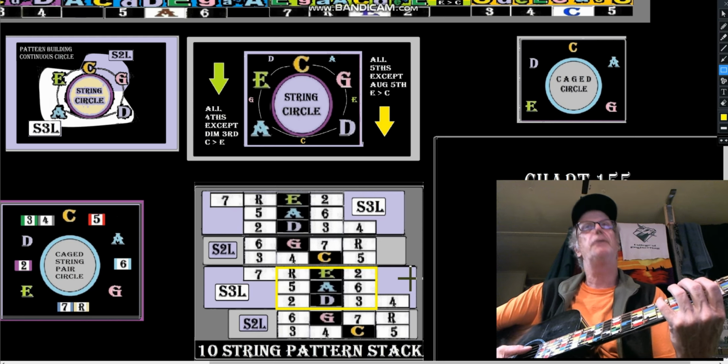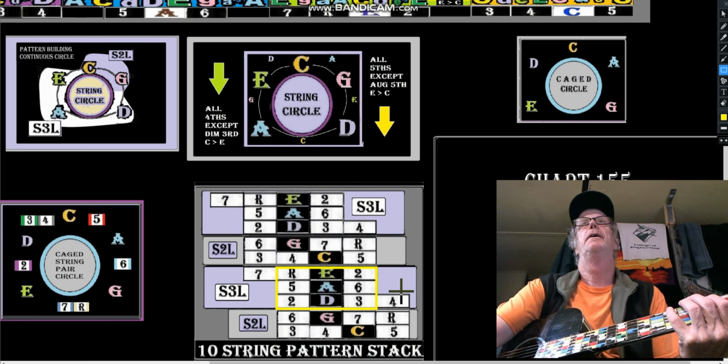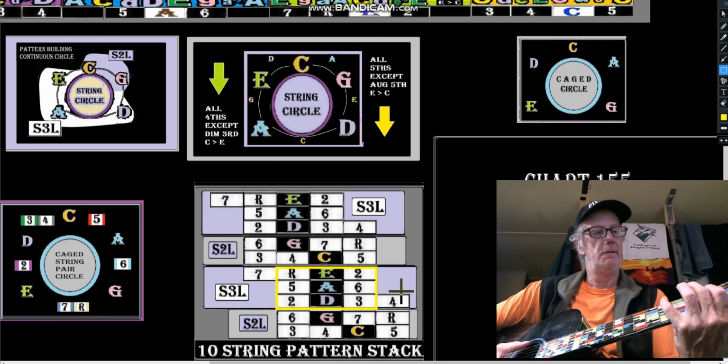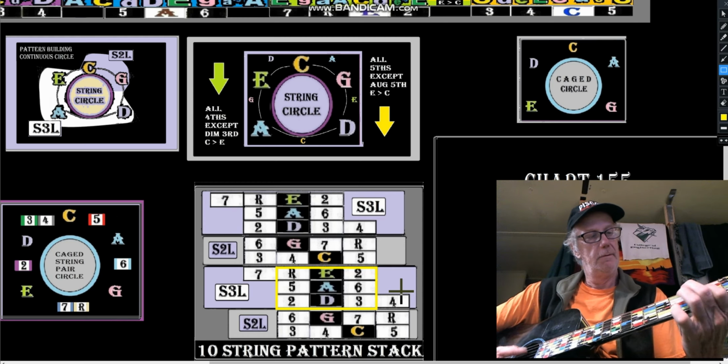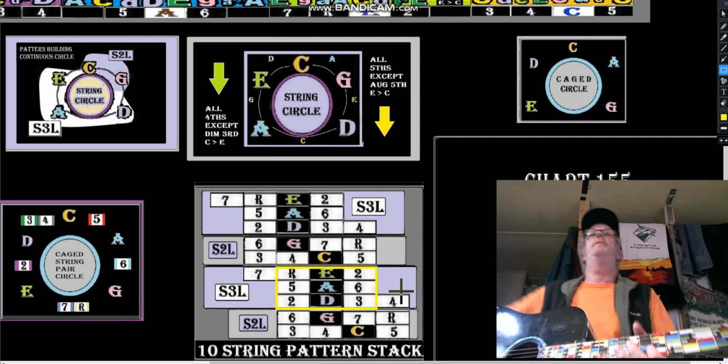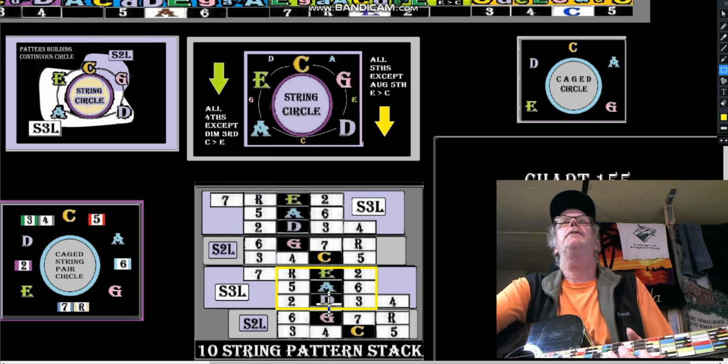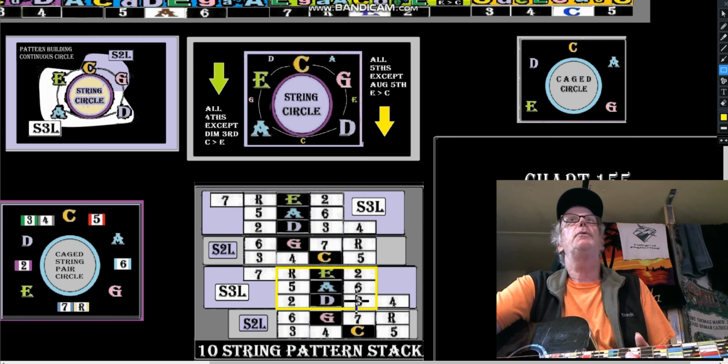Actually, it would sound better if I went up to the F there. But this is the little stack of 3 notes. We have it with the G, and we have it with the D.